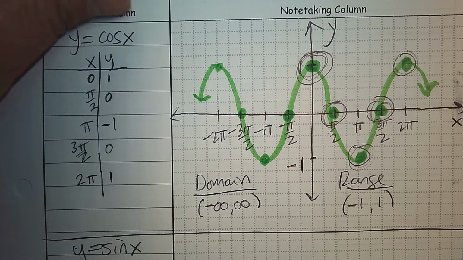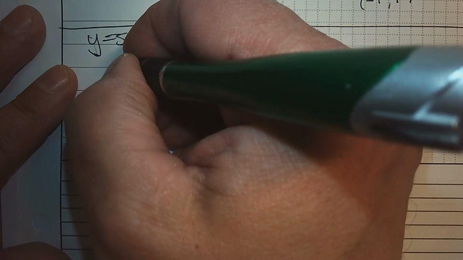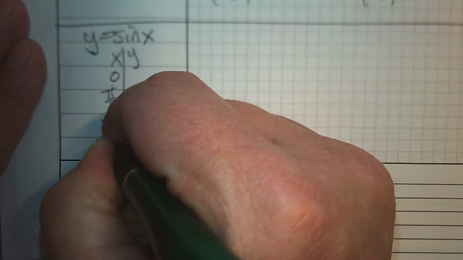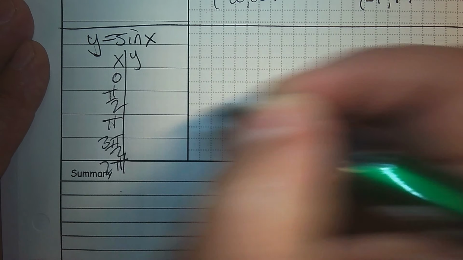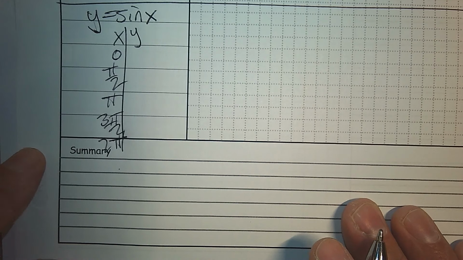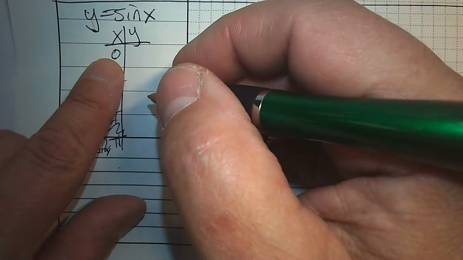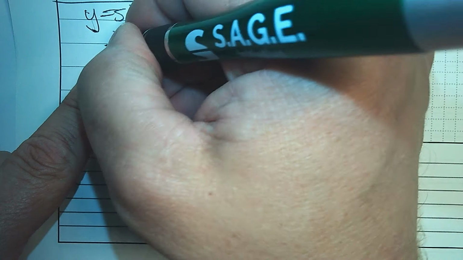Sine, we're going to do a table of values again. And we're going to use the same angles. 0, pi over 2, pi, 3 pi over 2, back to 2 pi. For this, we're looking for the y-coordinate at that angle. So at 0 radians, the y value is 0.